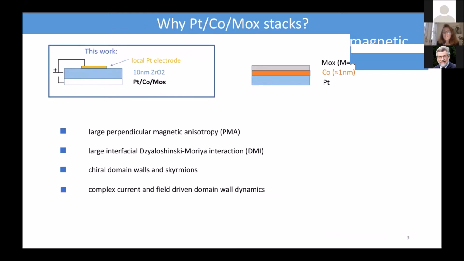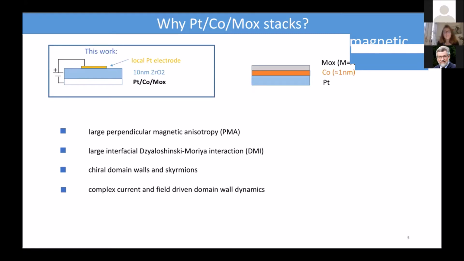We first optimized the structure of the tri-layer to obtain the desired magnetic properties. In this case, we wanted the anisotropy to be close to the in-plane to out-of-plane transition. So typically the cobalt layer is about 1 nanometer thick, and the oxide layer is about 1 nanometer thick also.